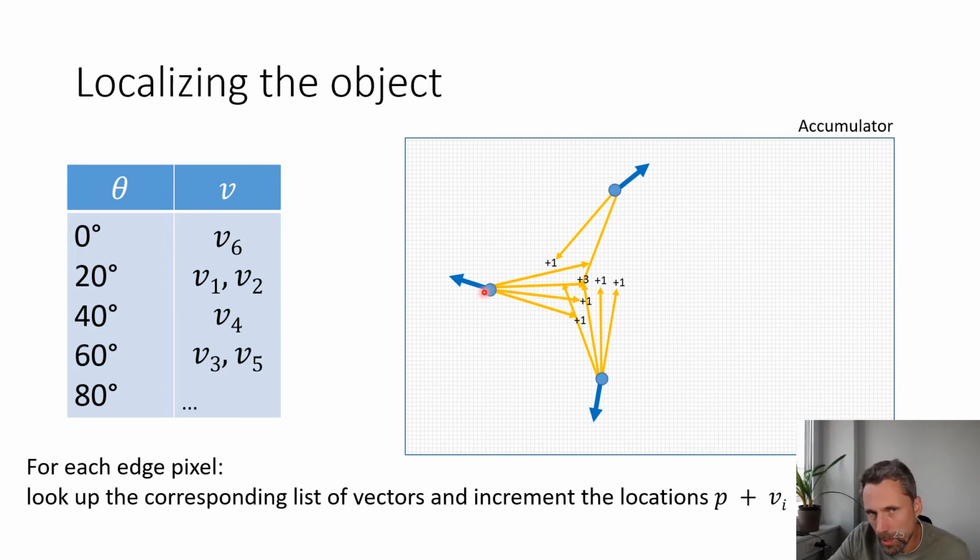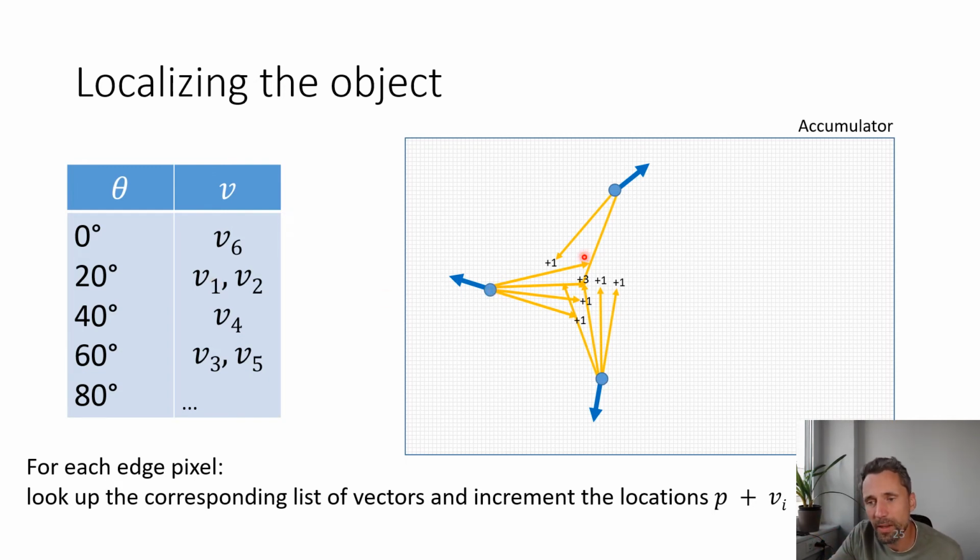So for each edge pixel that you encounter in the, let's call it haystack, that's where you want to find your needle, you look up that line in the R table that corresponds to that gradient direction, and then you take that list and add these vectors. Remember, these were relative to the location of the pixel.